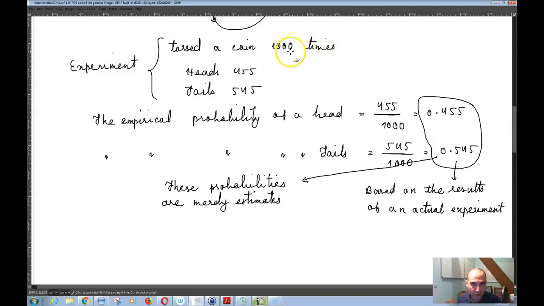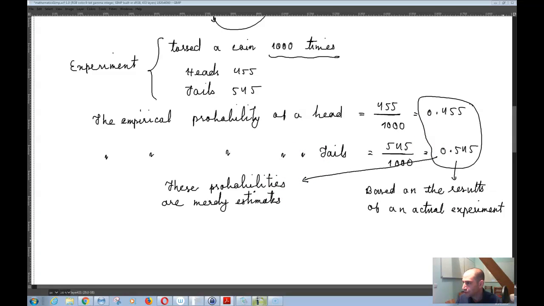This number is very close to 0.5. This is the empirical probability of getting a head, and this is the empirical probability of getting tails. As we increase the number of times that we performed the experiment, these numbers got closer and closer to 0.5 or 1 by 2.